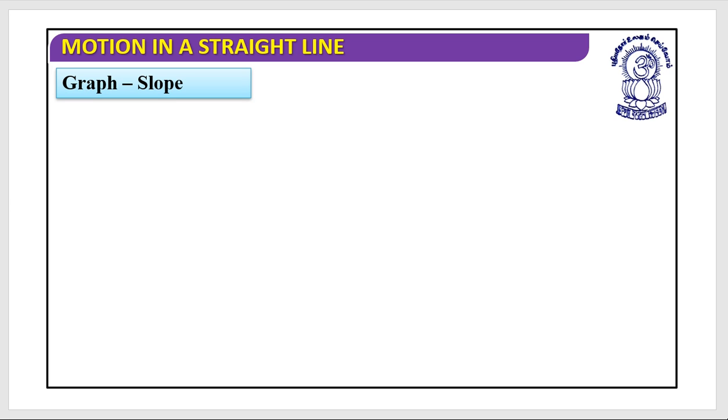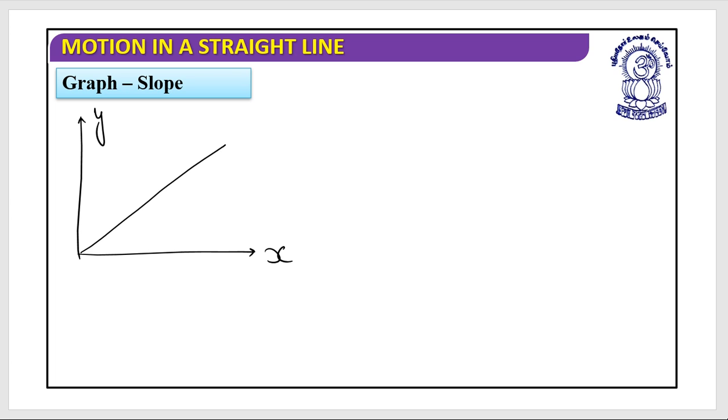What would it be? Let's say this is the y-axis and this is the x-axis. We don't know at this point of time what y represents and what x represents, but there are two certain quantities, and let's say we have plotted them, and the things would look like this.